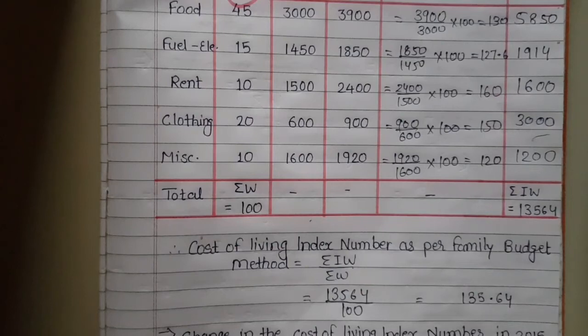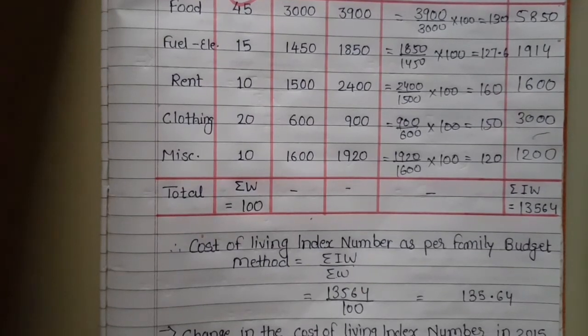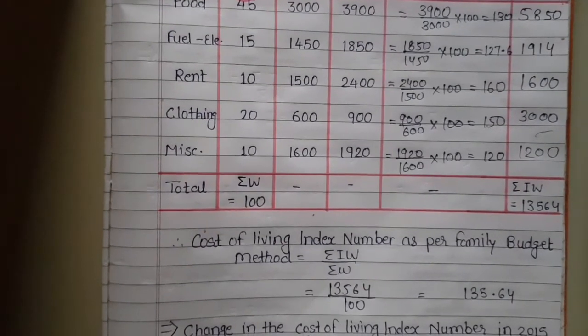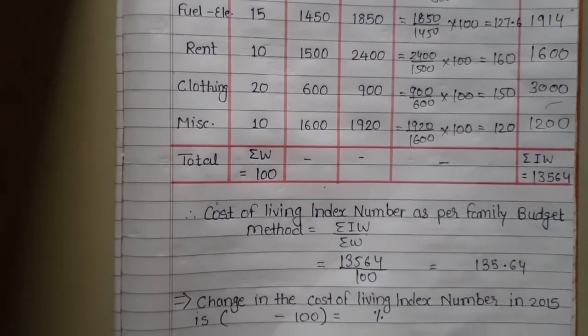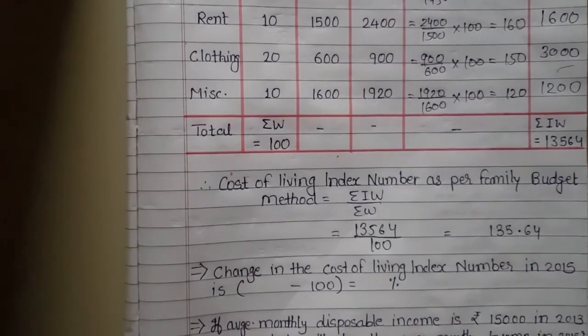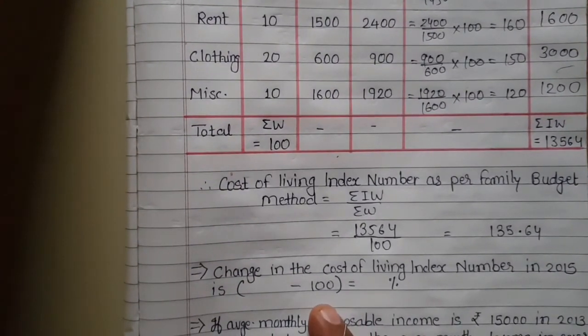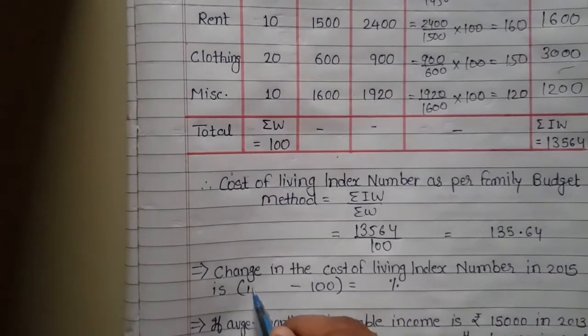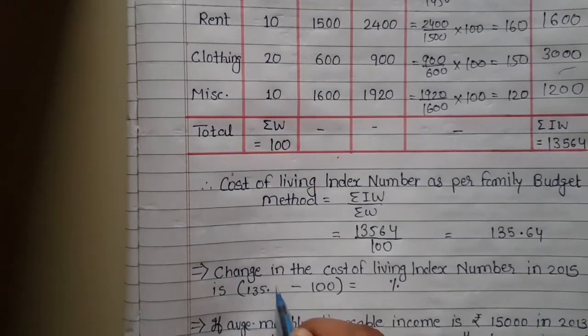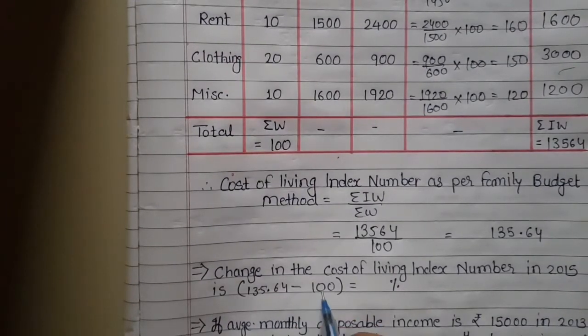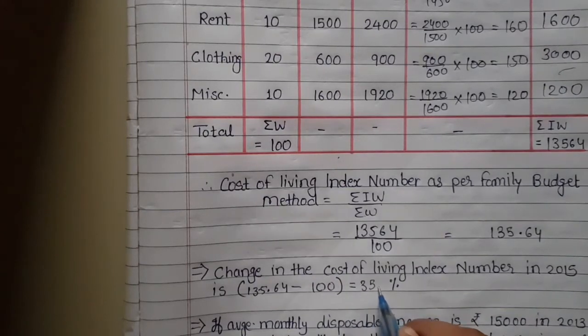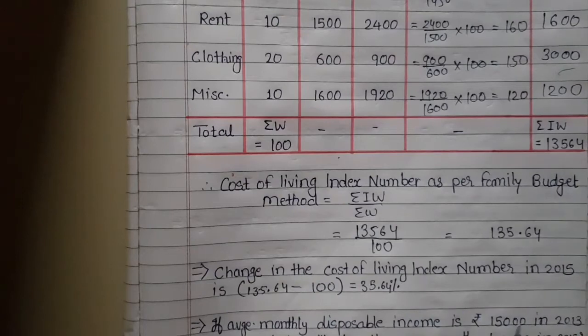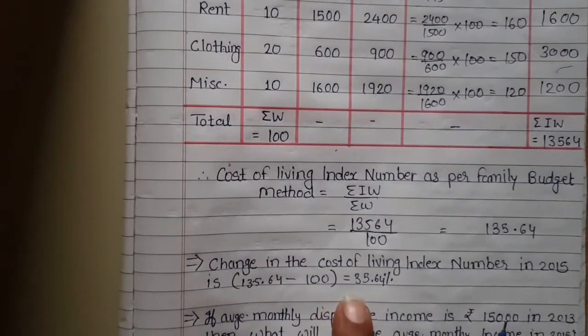The second question they have asked is the change in the cost of living index number in 2015. So friends, to find the change, we will subtract 100 from the index number we have found. So we have found 135.64. We subtract 100 from that, so we will get 35.64 percent. So this is the answer of our second question.